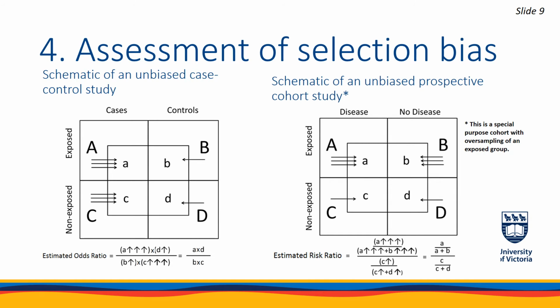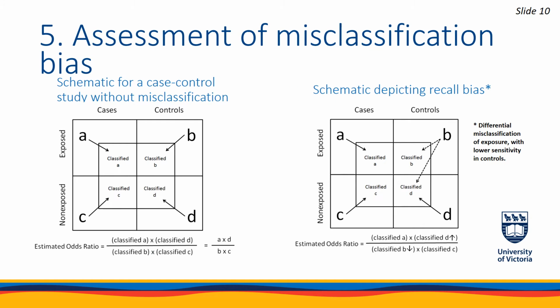In slide 10, we introduce misclassification bias, which again we've spoken about in previous lectures. In misclassification bias, you're going to want to make sure that those who were cases are actually classified as cases. This goes back to when you're looking at the variables: were the variables valid? Were they reliable?